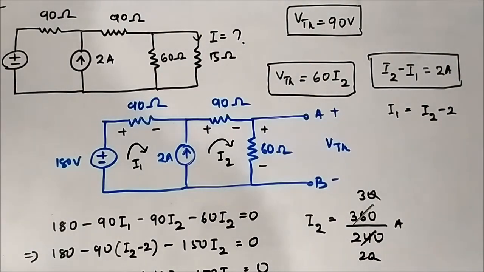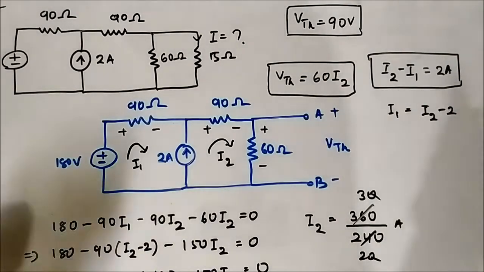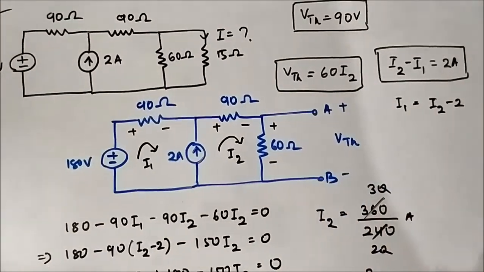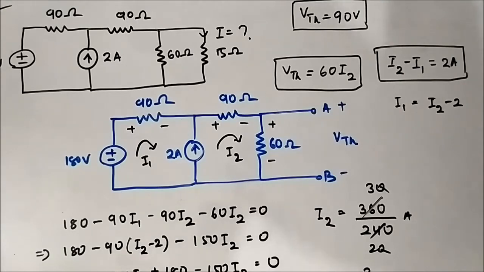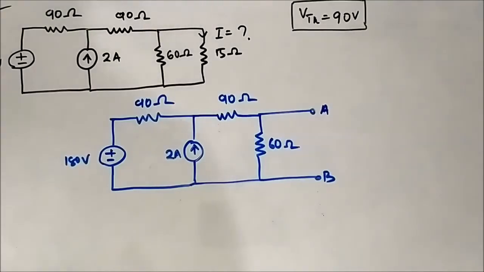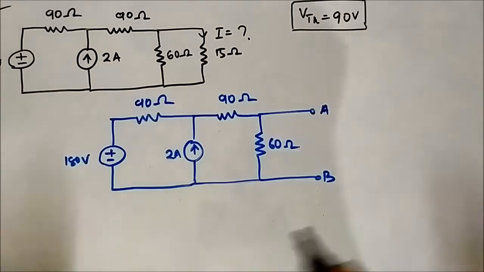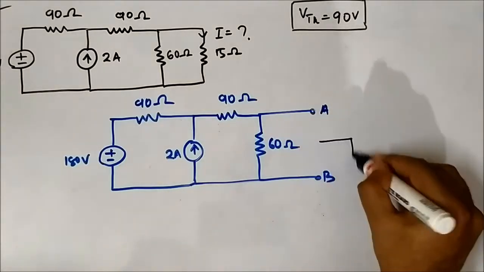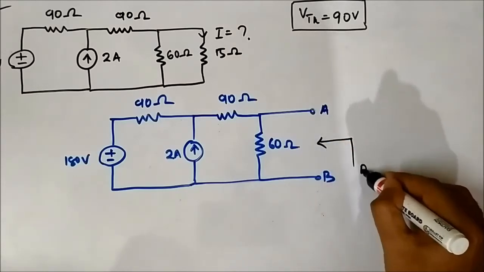Now we have to determine the RTH, the Thevenin resistance across the same 2 points. So let us do that. We have already calculated the Thevenin voltage. Now we will determine the Thevenin resistance across these 2 points.